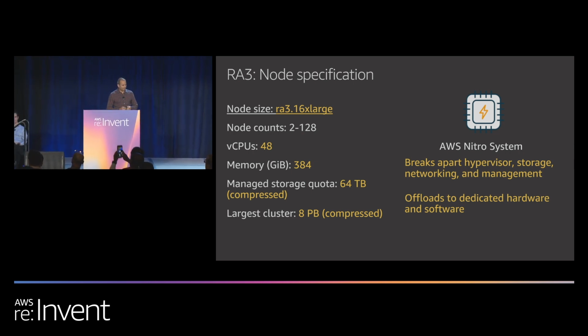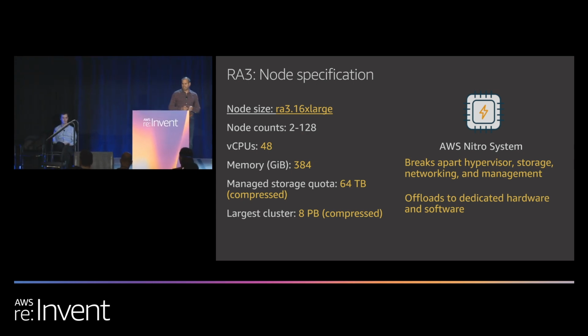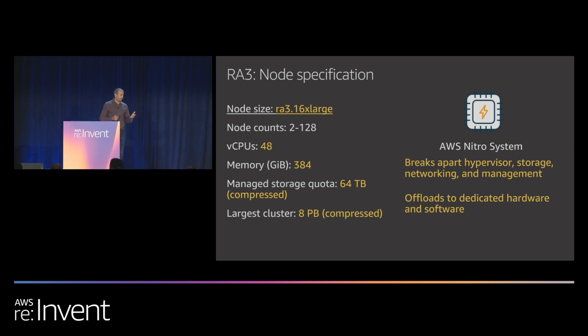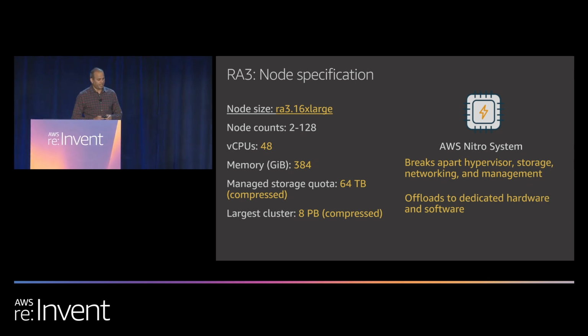Each RA3 16XL node has 48 vCPUs, and RA3 clusters have a minimum of 2 nodes and a maximum of 128 nodes. At 128 nodes, the largest RA3 cluster will hold 8 petabytes of compressed data, which equates to tens of petabytes of uncompressed data. And each node has 384 gigs of memory.